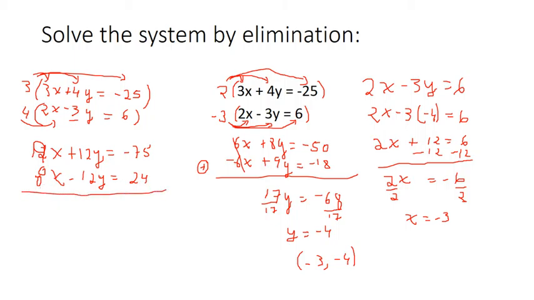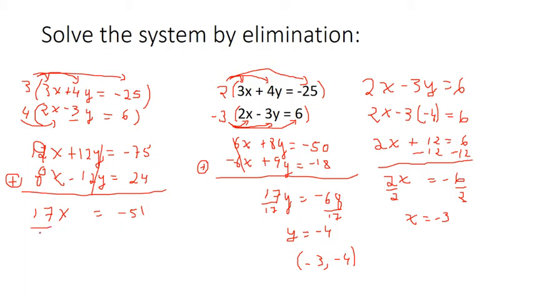Now we're going to add this together. So I have a 9x plus 8x is going to give you 17x. This here is going to cancel out. So I'm adding these two equations together. So negative 75 plus 24 is equal to negative 51.